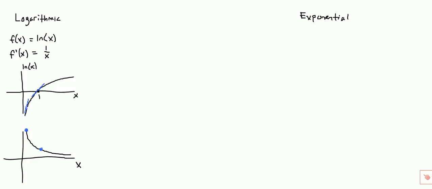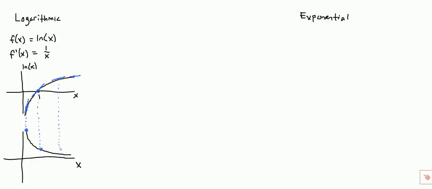So imagine dropping these points down. And then out here, the slopes level off and they get closer to 0. Okay, so that's what happens to 1 over x.